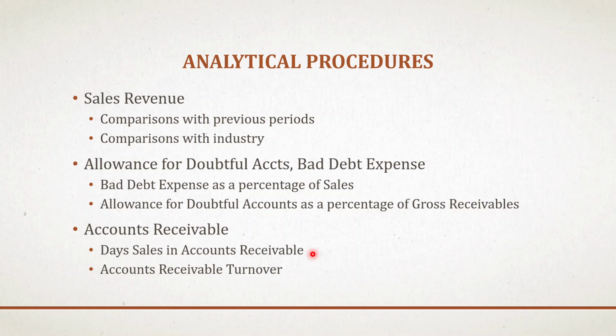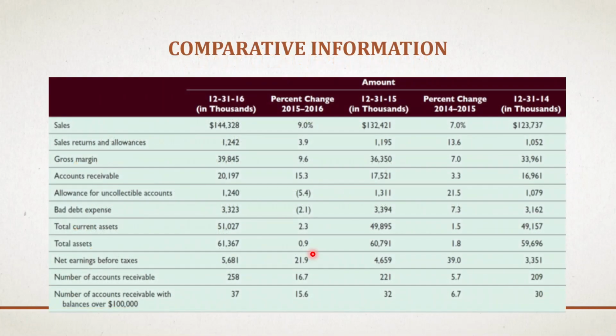Because you are comparing later on to the analytical procedures for the revenue, by right it should more or less tally. If the sales increase, in other words, your accounts receivable also by right should increase. So this is where you do the comparison between one particular year and another year.